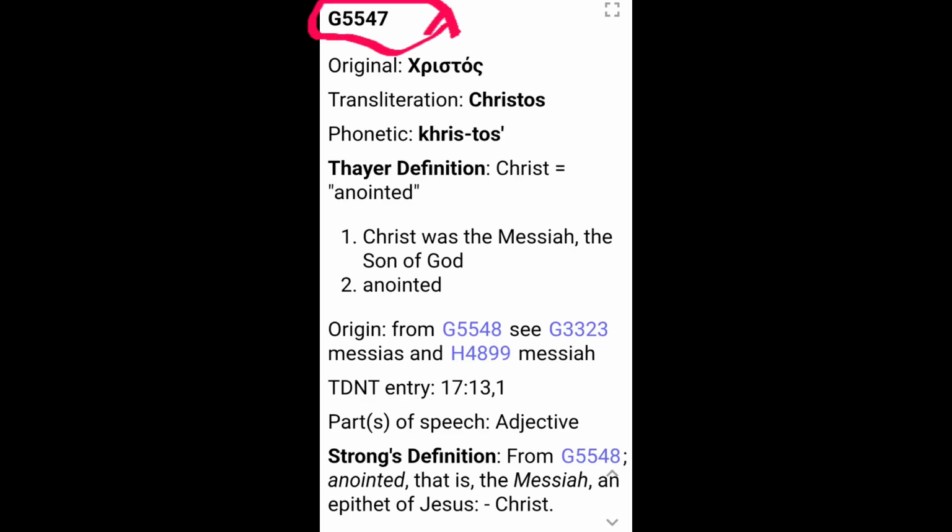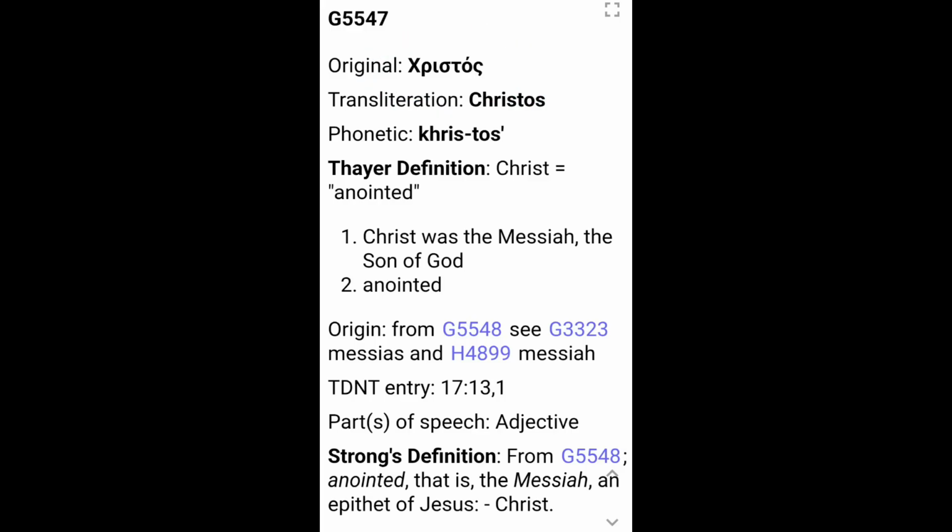And when we click this reference number, we see the information for G5547. And we see the Greek word Chi, Rho, Iota, Sigma, Tau, Omicron, Sigma.